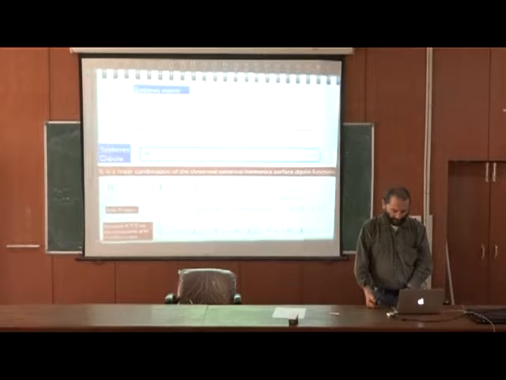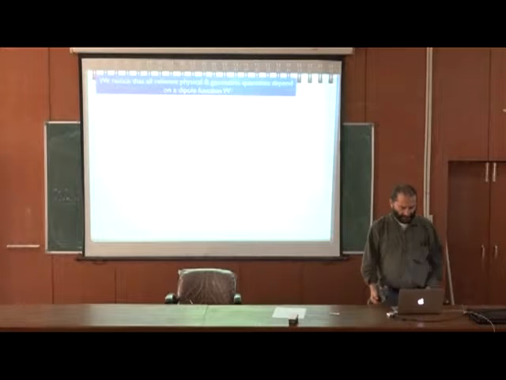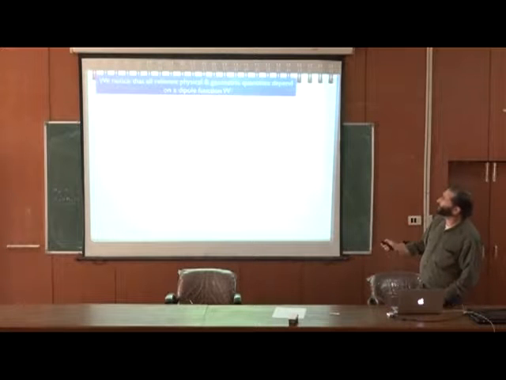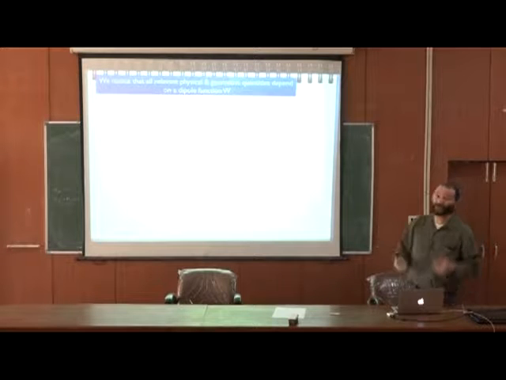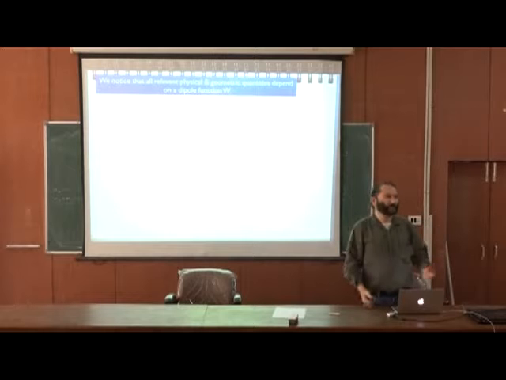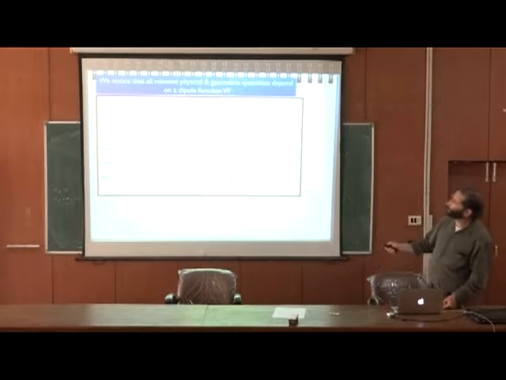Okay, we notice that all relevant geometric quantities depend on this function. This function is essentially telling us the deviation from spherical symmetry. The rest mass density has this form.